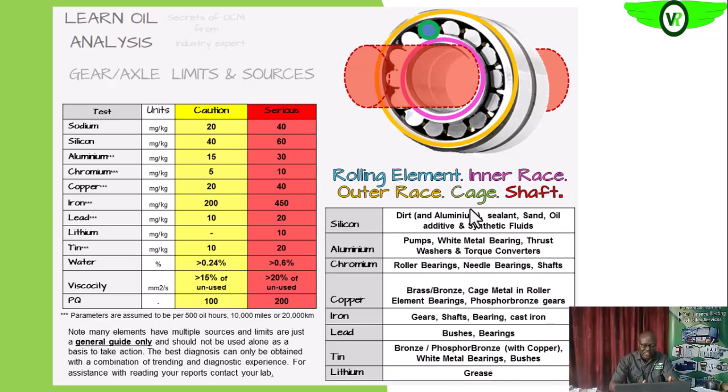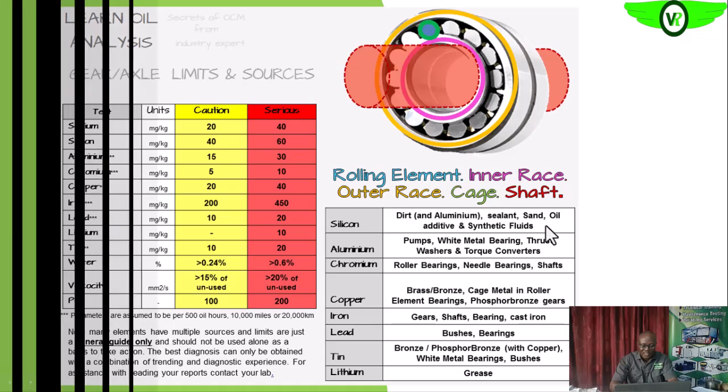On the rolling element bearings too, if you have more silicone in your oil, that shows you that we are having dust and dirt ingress into the lube oil system, or sealant, sand, some of the additives and the synthetic fluids, they are all getting into the lubricant.